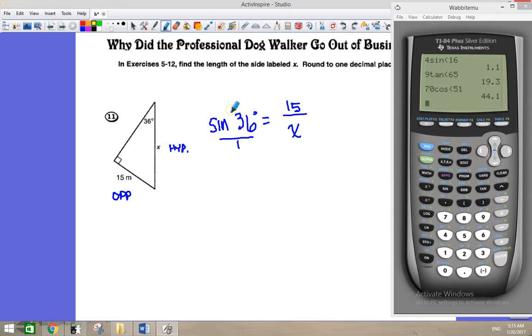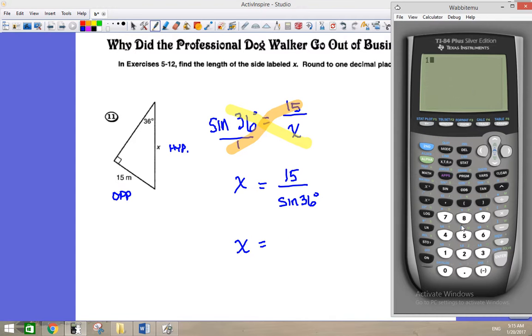If you multiply along the diagonals, then I'm just going to simply switch places. Multiplication is commutative, and I have that x is equal to 15 divided by the sine of 36. Plug that into my calculator. 25.5 units of length, and it is in meters.